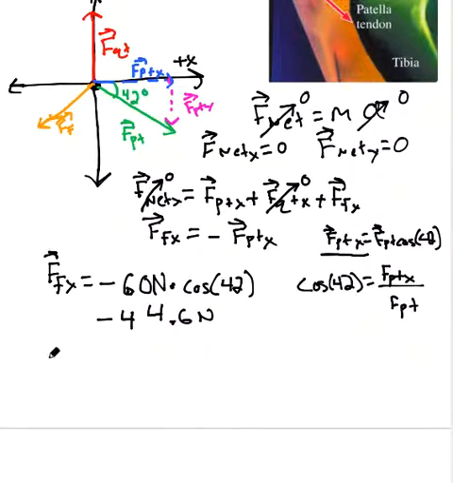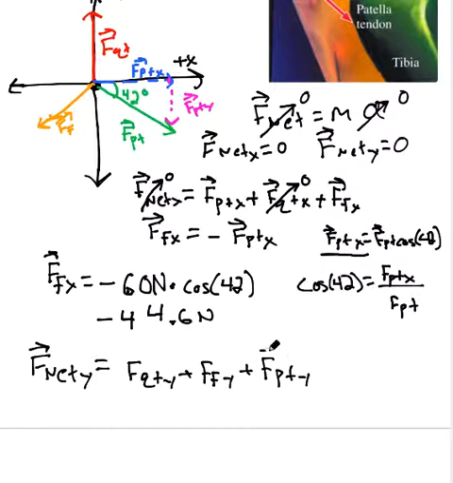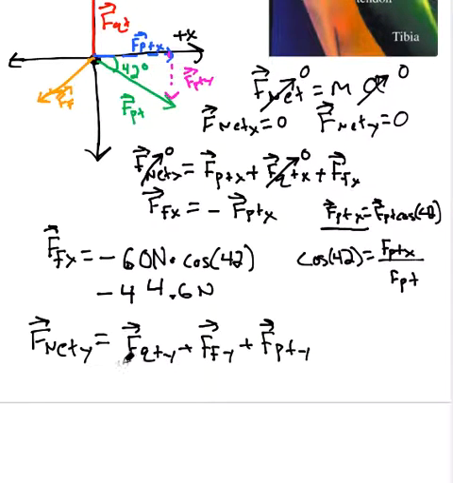All right, so now let's work on F net y. We know that F net y is equal to the sum of the forces in the y direction. We know it's equal to 0 as well. So let's see, F_QTy plus F femur y plus F_PTy.